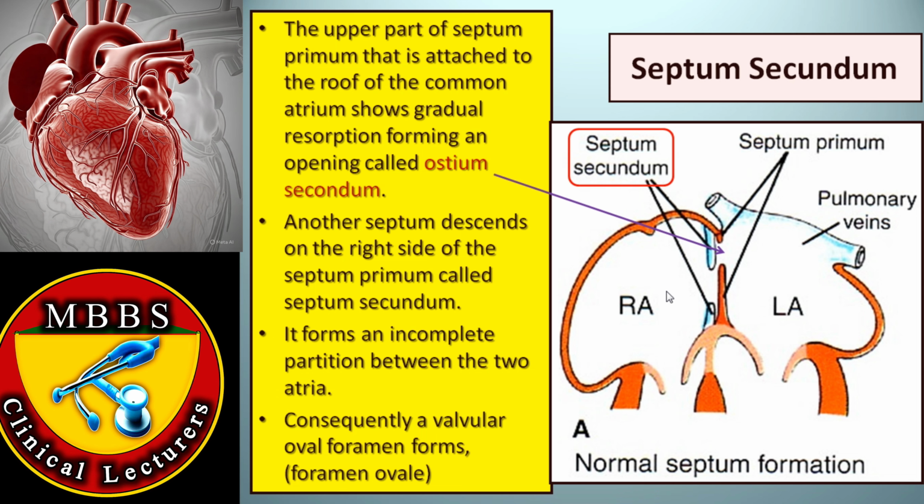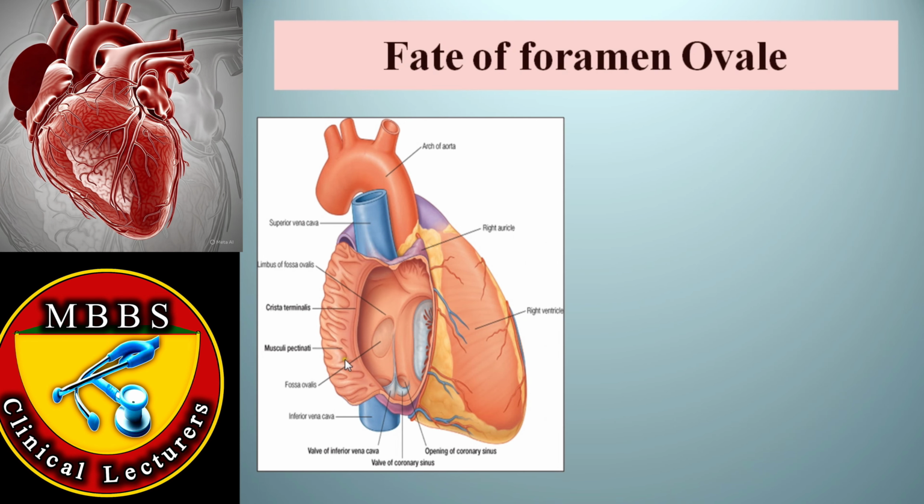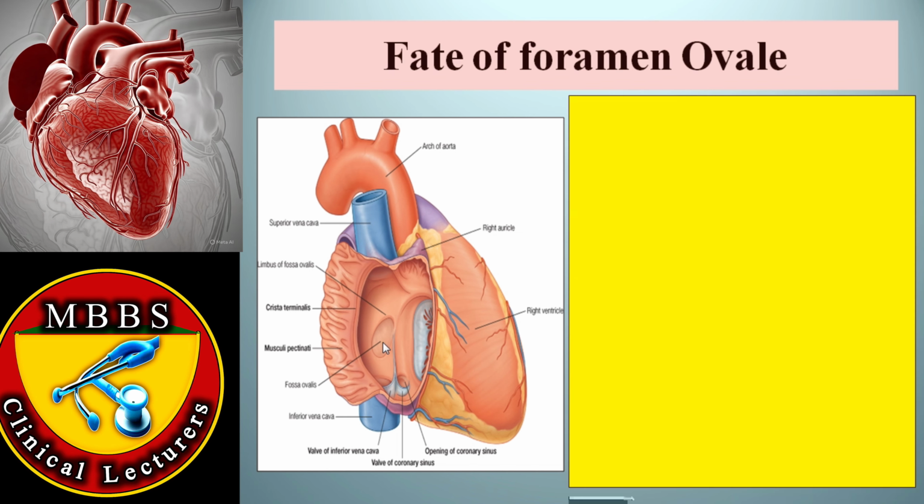Consequently, a valvular foramen, a valve-like opening, is present between these two atria, called the foramen ovale, and in adult life it is represented as the fossa ovalis. Okay, ये वही वाला है जो कि during the intrauterine life होता है, that is called the fossa ovalis.